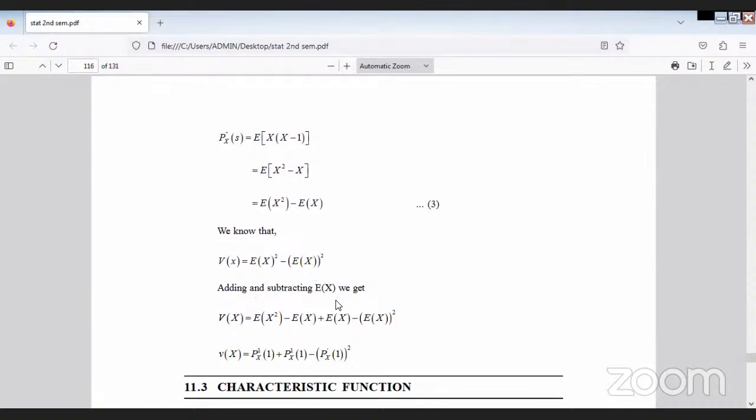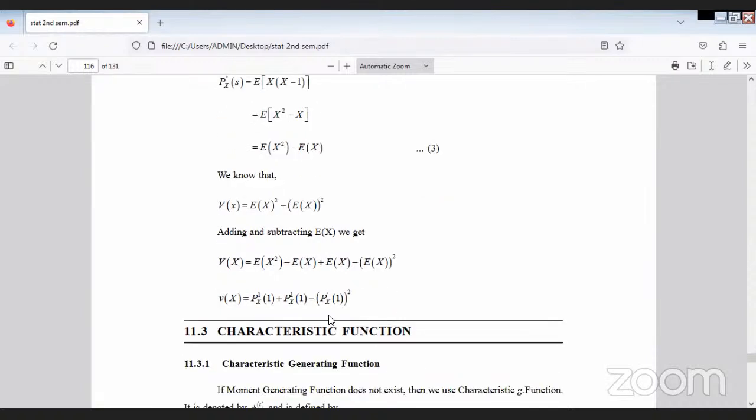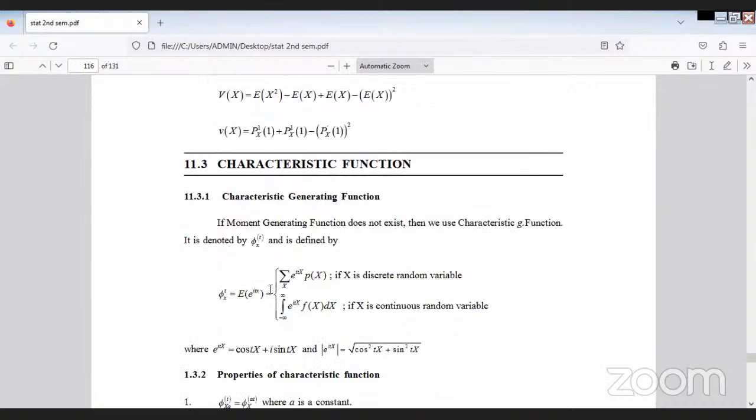Adding and subtracting E(X): E(X^2) - E(X) + E(X). So in E(X^2), the first differentiation is P'_X(1), and also E(X), we can call the first differentiation P'_X(1). So this is the one: (P'_X)^2. We can write minus E(X) whole square here, (P'_X(1))^2.